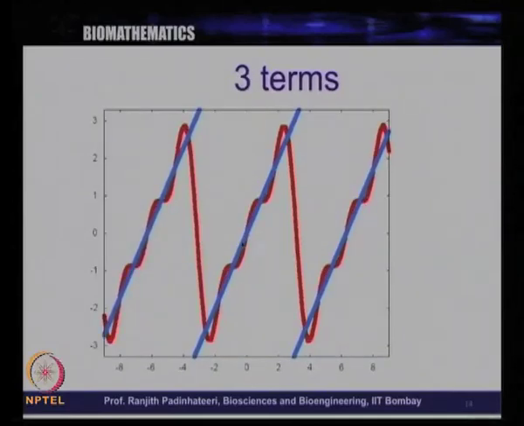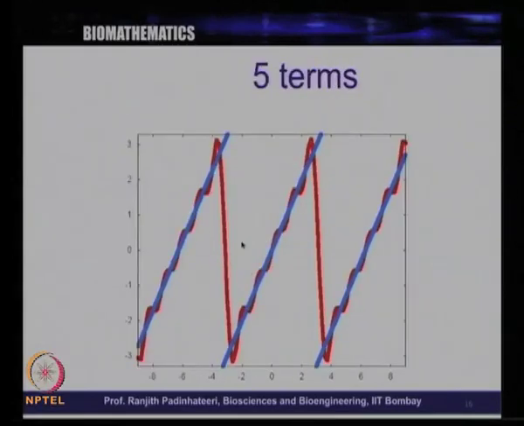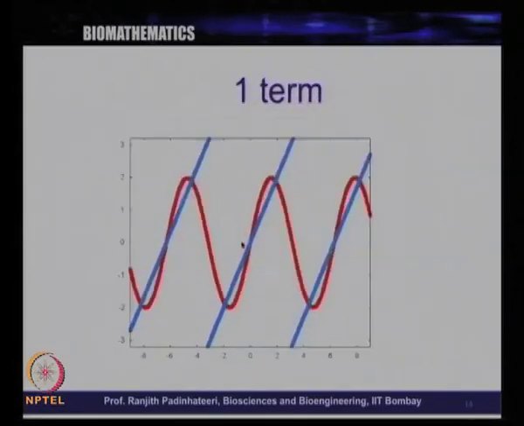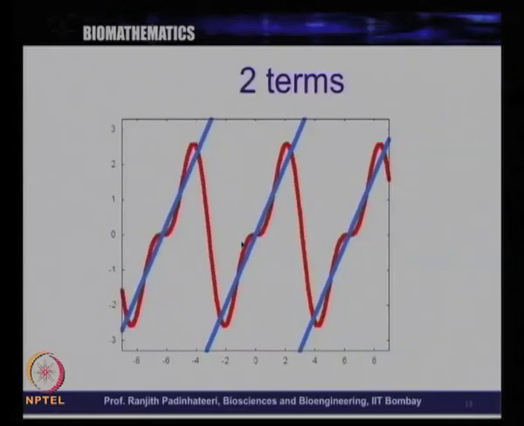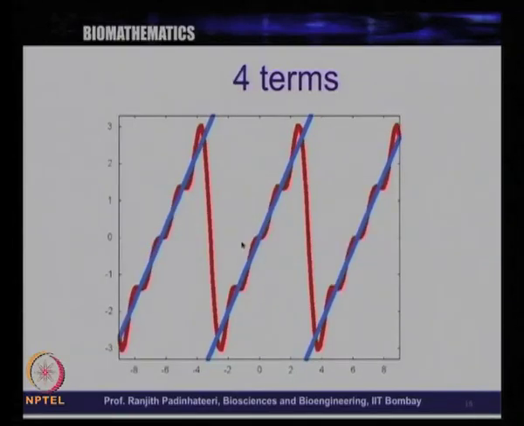Similarly, if you add one more term, you get 4 terms, which is further better. 5 terms is much better. One term was very different, the second term became better, and the third term became a little more matching with the blue curve. If you add one more term, it became further matching.